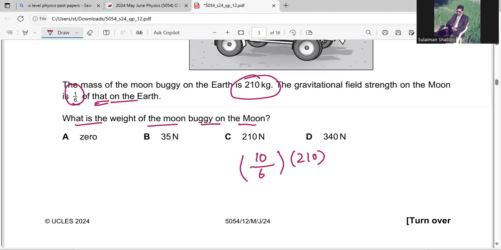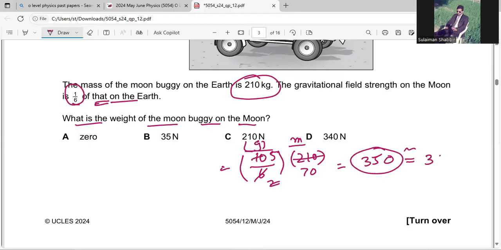What I did here is, this is my value of gravitational acceleration and this is the mass of the buggy. So I get approximately 350 Newton, which is approximately equal to 340 Newton. So option D is the right answer for this one.